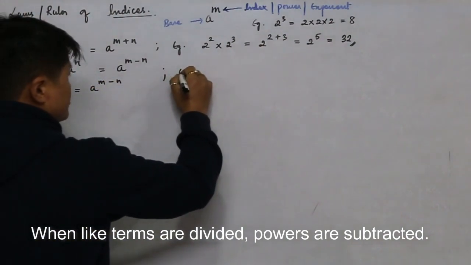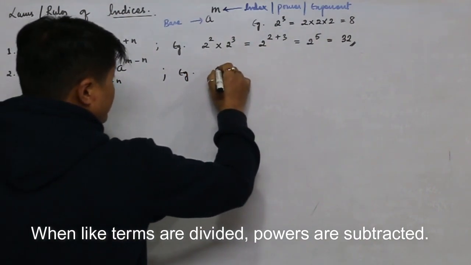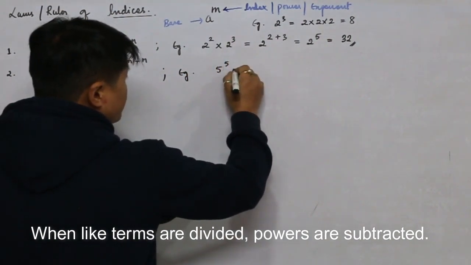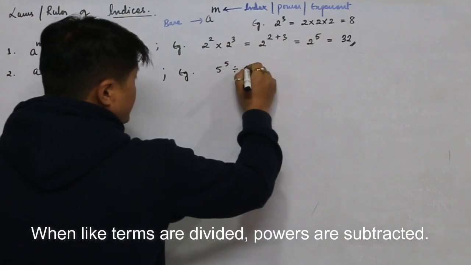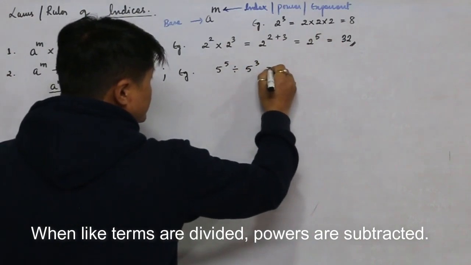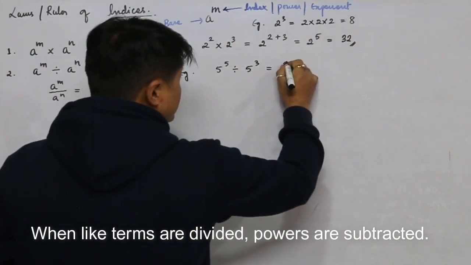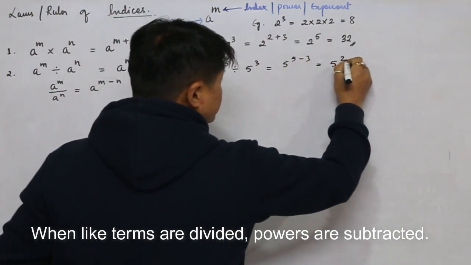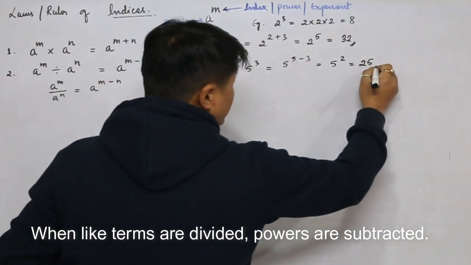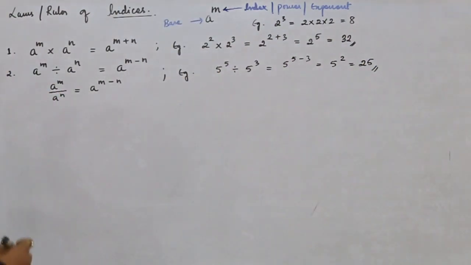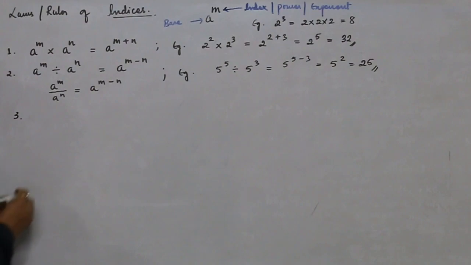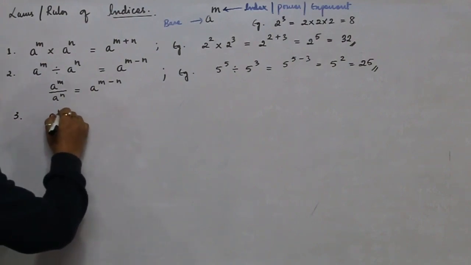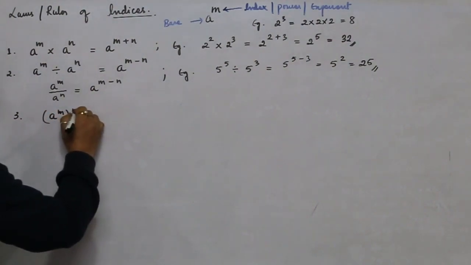Let's take one example. 5 to the power 5 divided by 5 to the power 3. This will give you 5 to the power 5 minus 3, which is 5 to the power 2, which is 25. Clear?